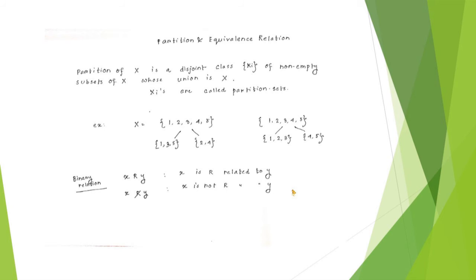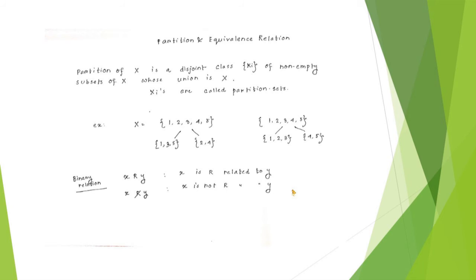Number one, the set is divided into the set containing 1, 3, 5, and another set containing 2 and 4. And another way, this same set can be partitioned like this: the set containing 1, 2, 3, and another set containing 4 and 5. There are two different partitions we have discussed.